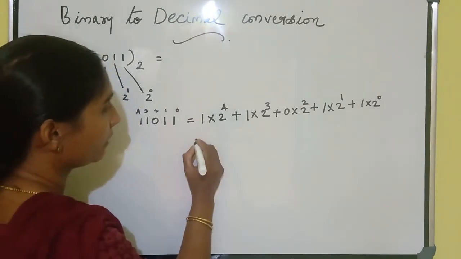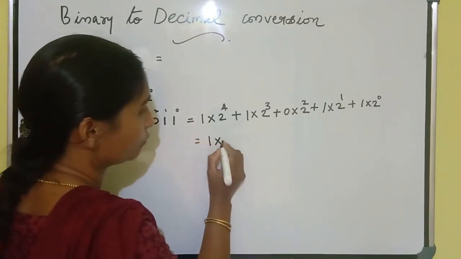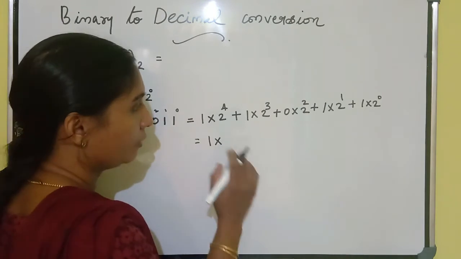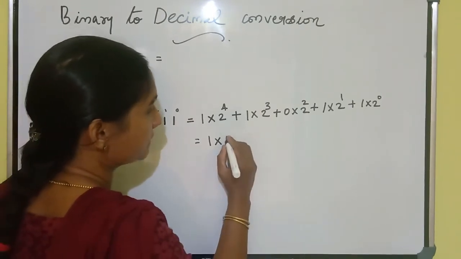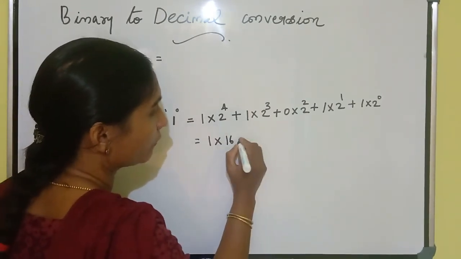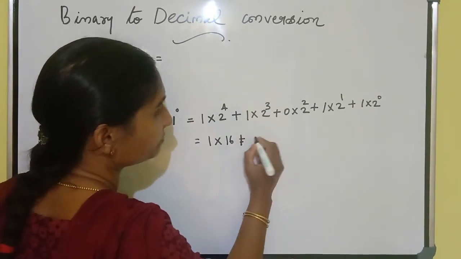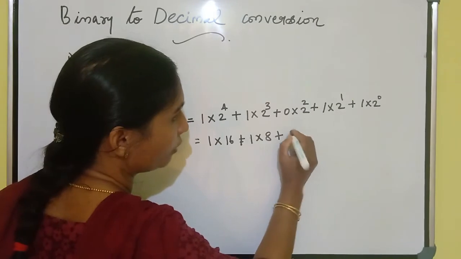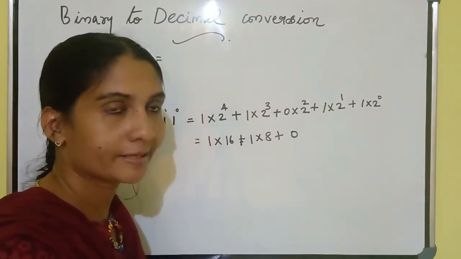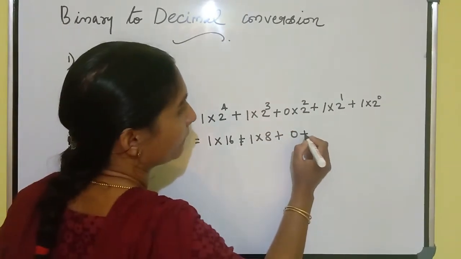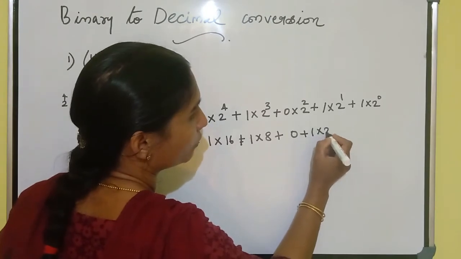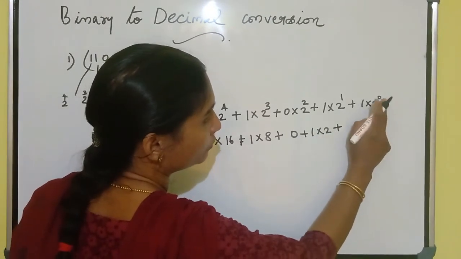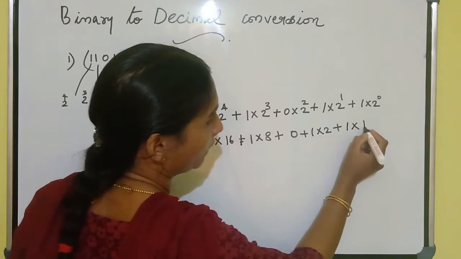Then 1 into 2 into 2 equals 4, into 2 is 8, into 2 is 16. So 2 raised to 4 gives 16, plus 2 cubed, 1 into 8, plus 0. When you multiply a number with 0, you get 0. Then plus 1 into 2, plus 1 into 2 raised to 0, which is 1.